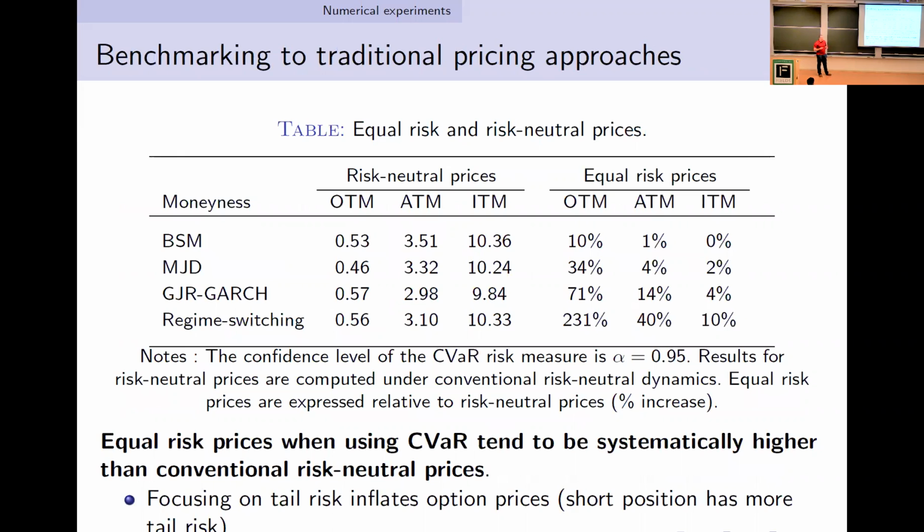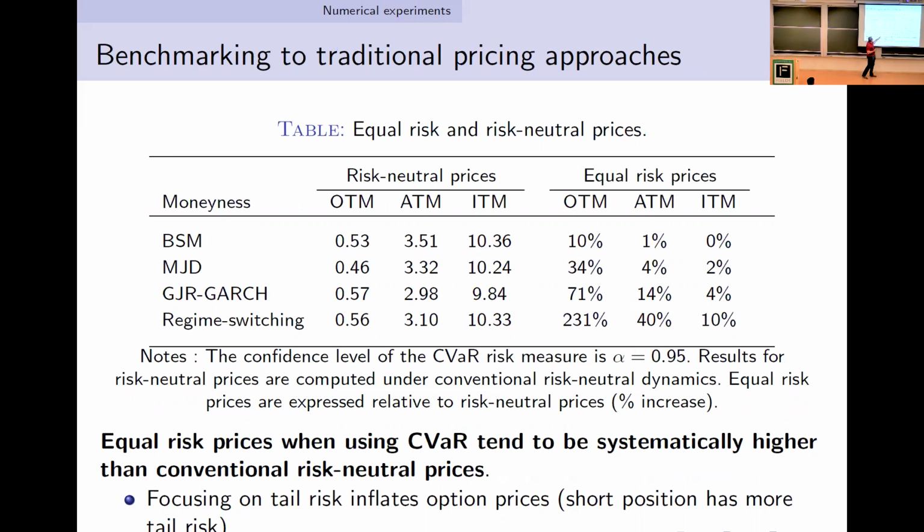So based on this, we thought, well, okay, now we're using equal risk prices. What if we compare these prices to more common prices? So if we use common martingale measures or mean correcting measures typically used in the literature, how do our option prices compare to this?